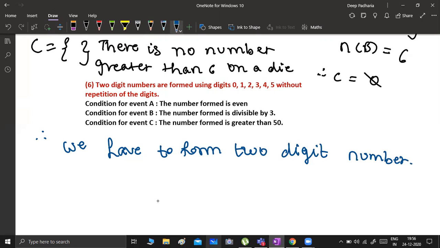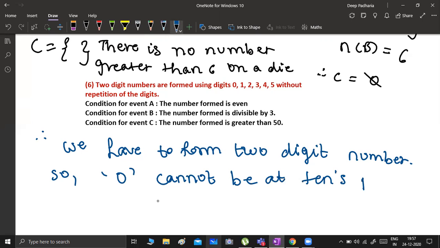Now 0 cannot be at tens place. So 0 cannot be at tens place. Therefore, now you can go ahead to write sample space.